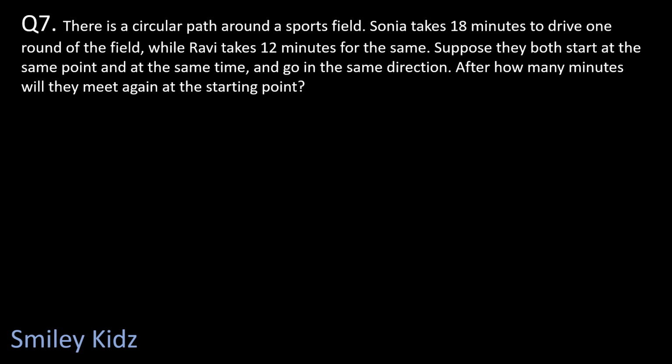Now we have the 7th question and the last one, which says there is a circular path around a sports field and Sonia takes 18 minutes to drive one round of the field, while Ravi takes 12 minutes for the same.